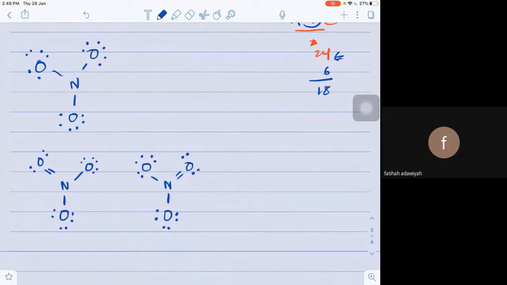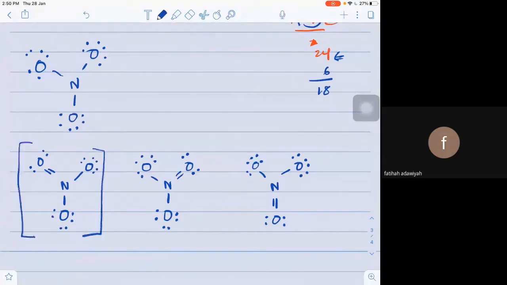And then the third one will be N single bond, single bond, double bond to O. As for this, only 4 electrons around oxygen, 2 lone pairs. And don't forget, it is an ion, so they have to be in brackets with the charge outside.